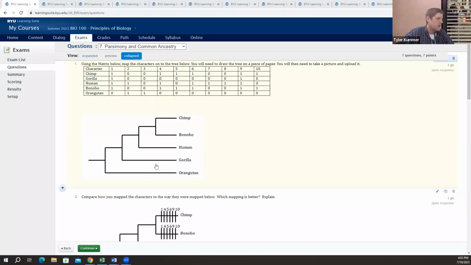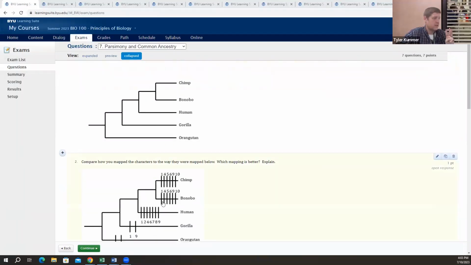So if we put it here and here as a gain for humans and orangs, that would require 2 evolutionary events. If we put it here, there's 1, and then we have a loss on the way to gorilla and a loss on the way to chimp and bonobo. That's going to require 3 evolutionary events. We have to put 3 different tick marks on there.